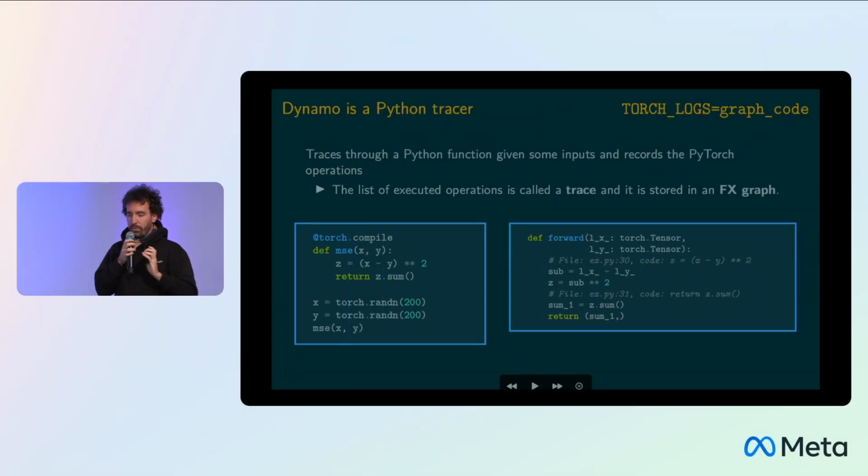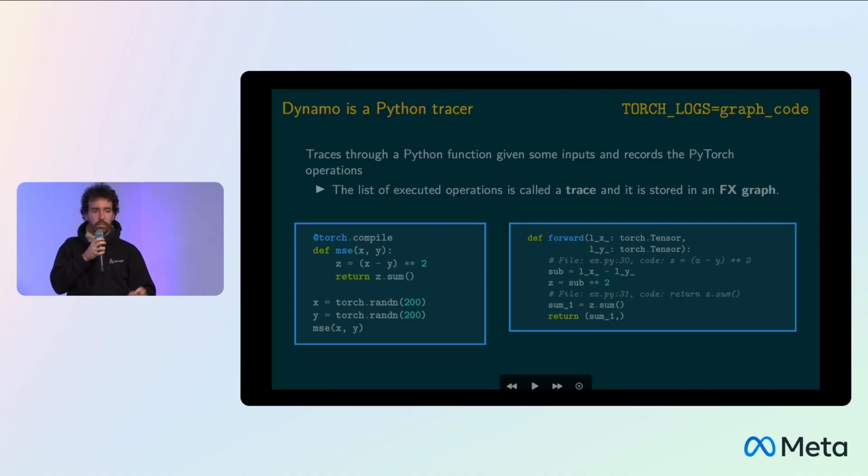That is an FX graph, there's nothing else. The particular thing that you need to remember is that it's linear. There's no branching whatsoever. So Dynamo is something that goes from a PyTorch program into one of these FX graphs.